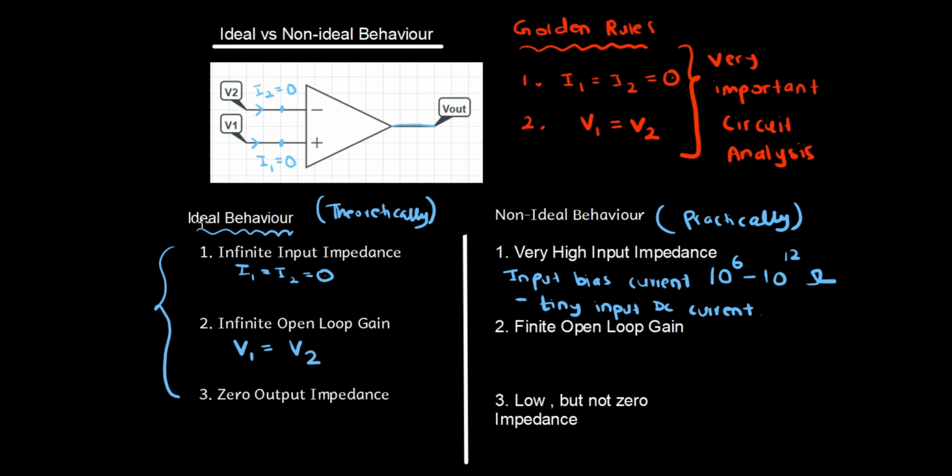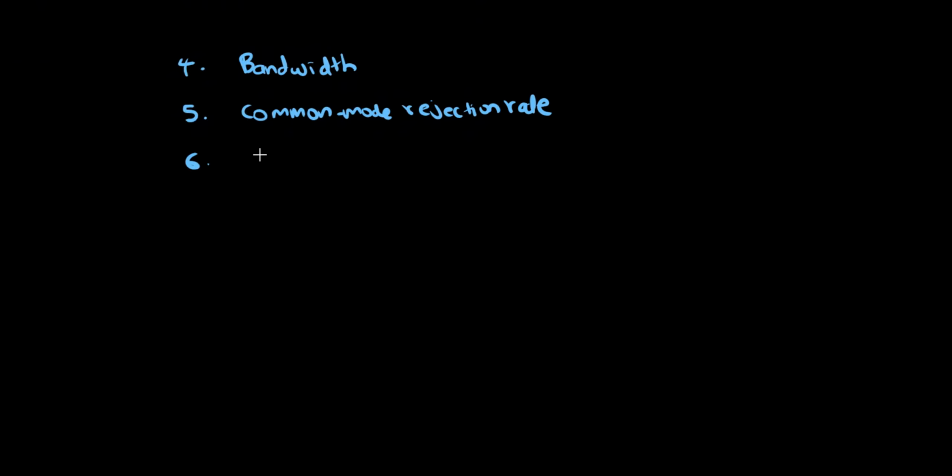So are these the only properties for the ideal behavior of an operational amplifier? These are not the only properties, right? The operational amplifier has more properties. Some other properties are, property number four, bandwidth, right? The operational amplifier has infinite bandwidth, common mode rejection rate, and then we have another property called the slew rate.